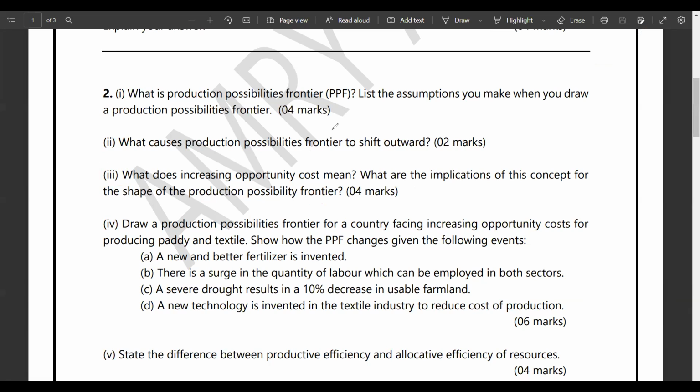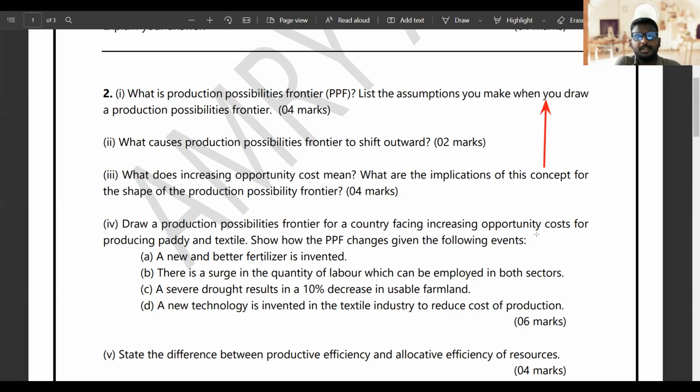Concave. Concave to what? Right, the PPC curve will be concave to the origin.